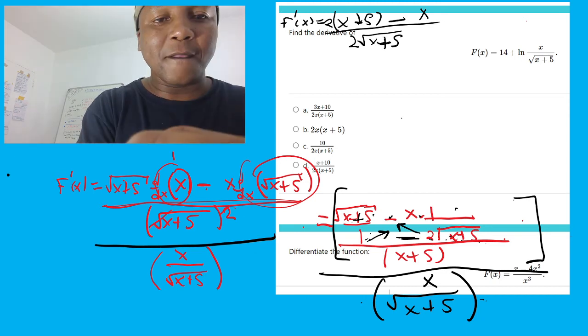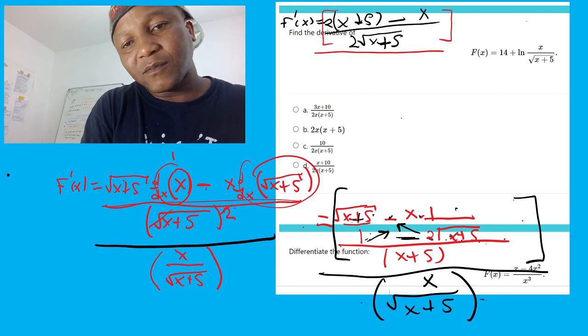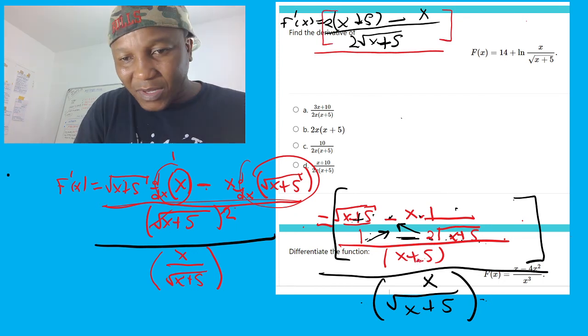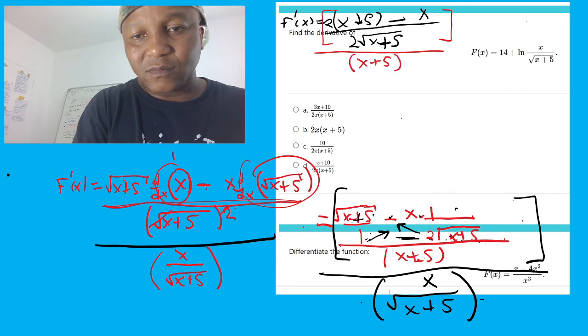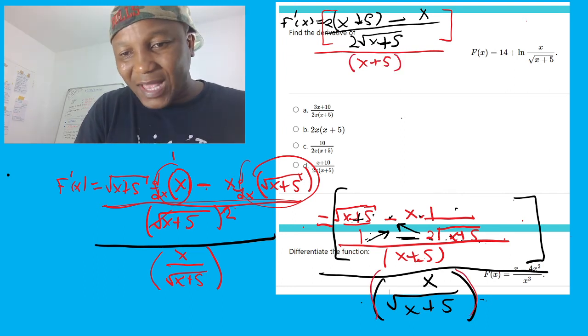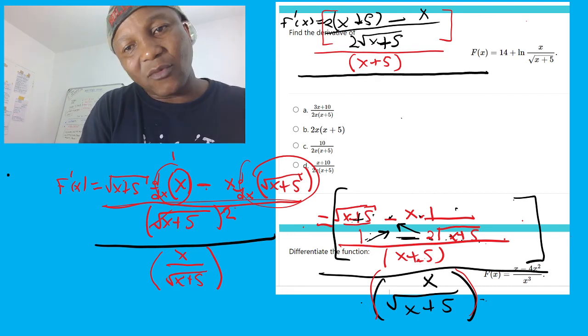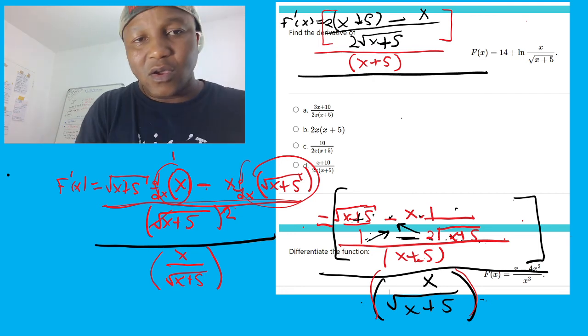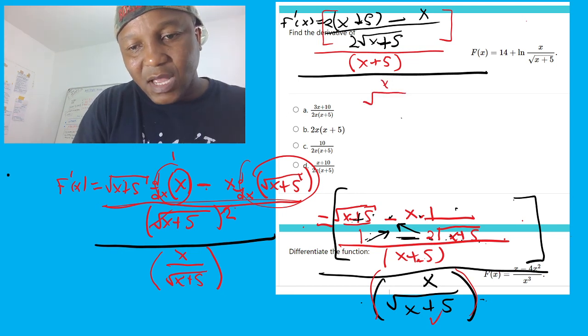Okay, so then we say over x plus 5, which is this one. But then remember, all of that we must divide by x square root of x plus 5.